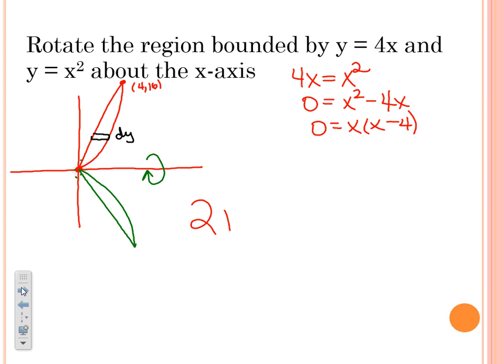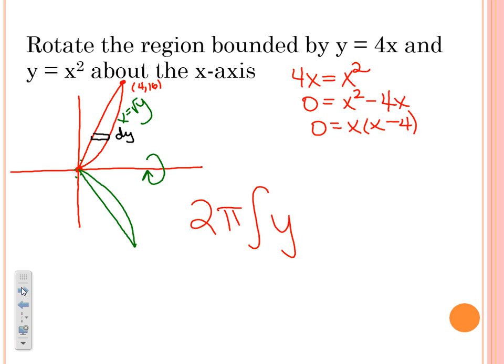So 2 pi r, what's the radius? How far are all of these from my axis of rotation? They're all y from the x-axis, right? We need the height of those rectangles, so right minus left. Now we have to do a little bit of algebra. y equals x squared is x equals square root of y.